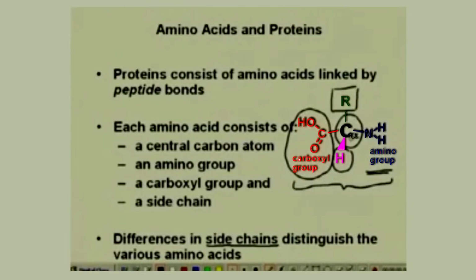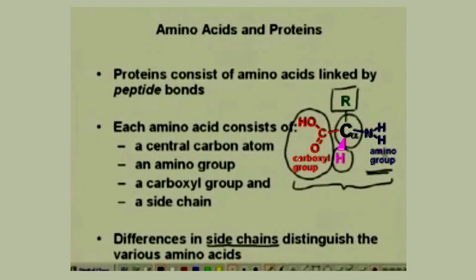So, we see that this central carbon is actually a chiral carbon, meaning that it is asymmetric, which again means that there are 4 different groups attached to the central carbon atom.